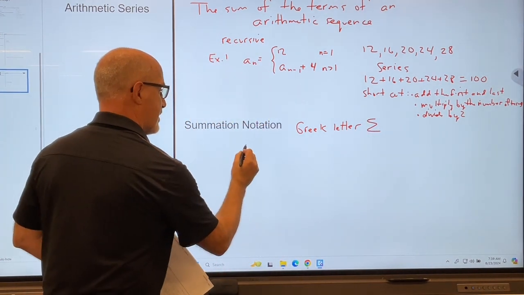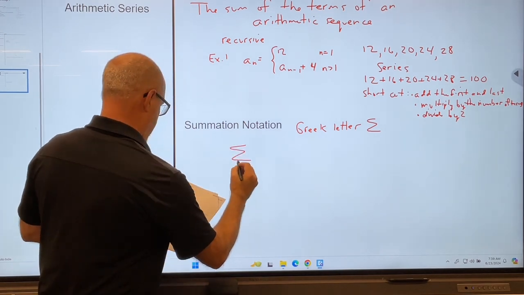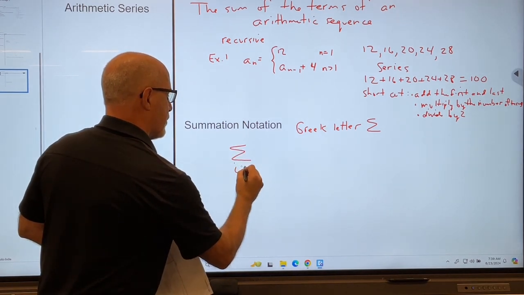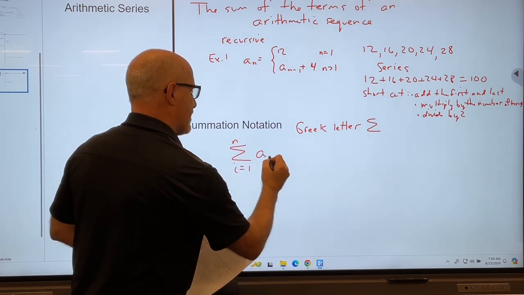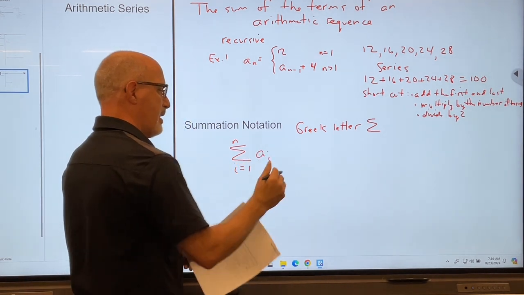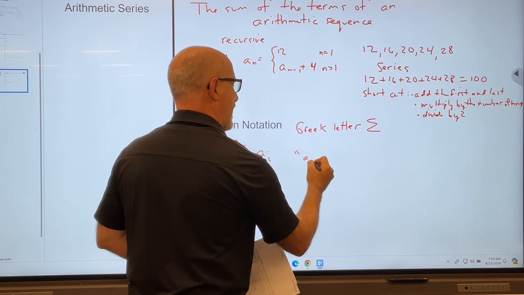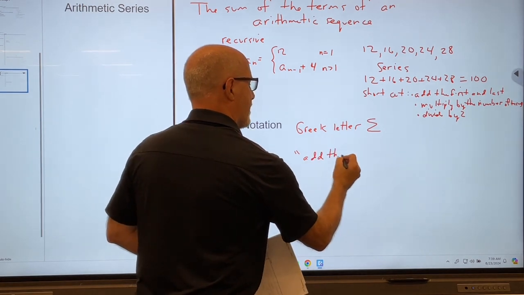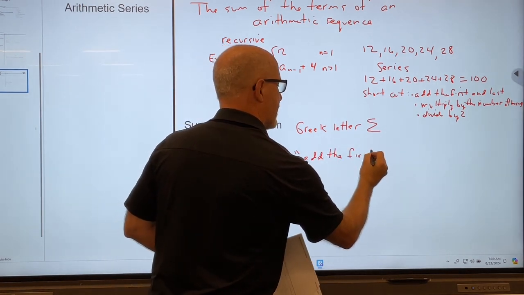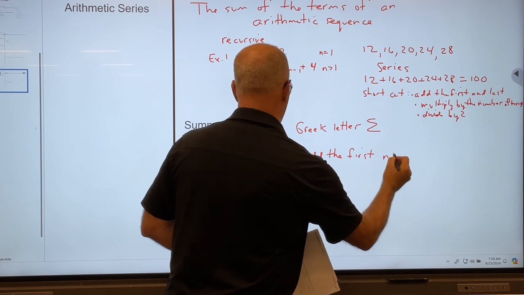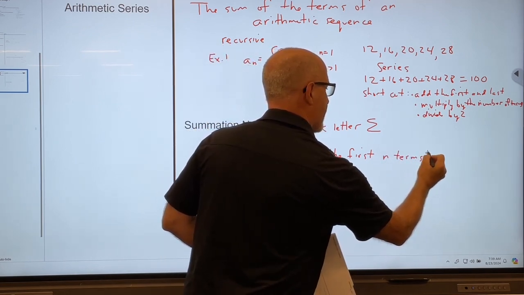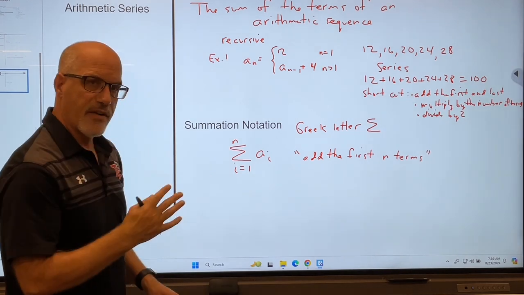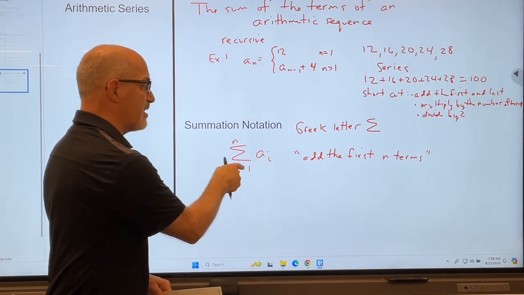It looks like this. We're going to use i equal to 1 up to n for the term a sub i. So this is to add the first n terms. Now that looks different, but this just tells you about the subscripts.